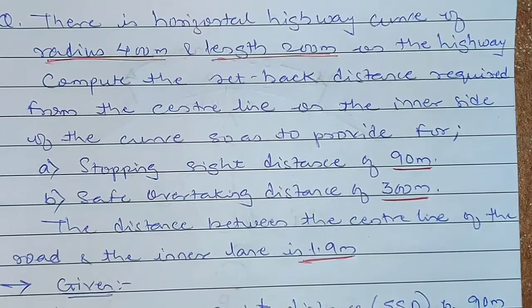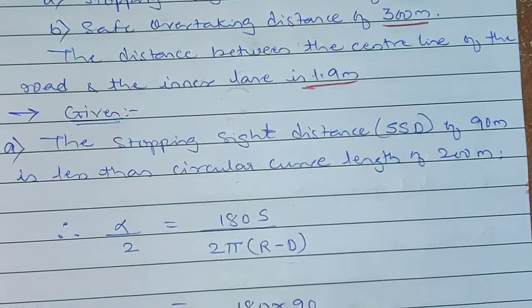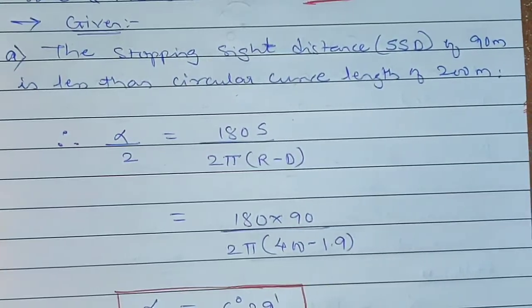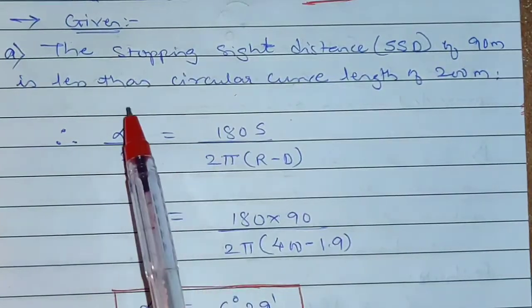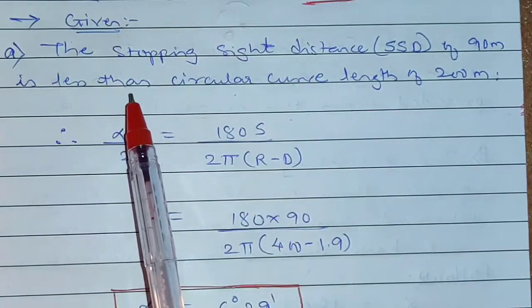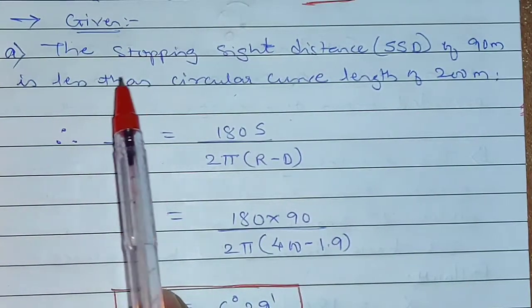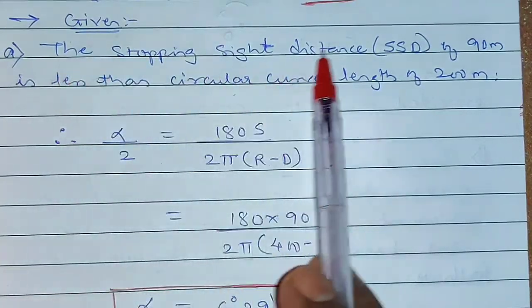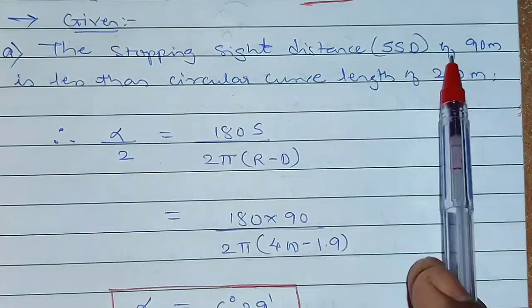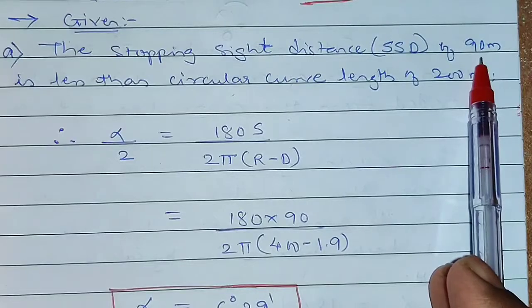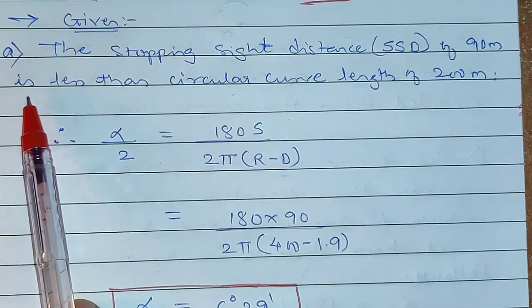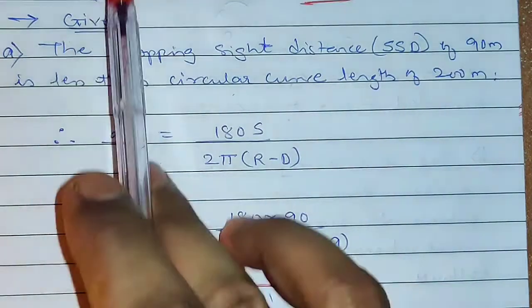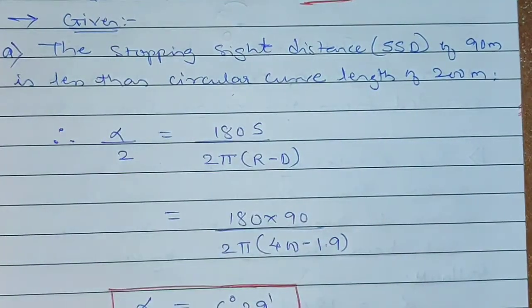So the given data to us in this numerical is to calculate the setback distance for the two conditions. First, for the stopping sight distance, that is SSD of 90 meters, and second, for the safe overtaking distance of 300 meters.